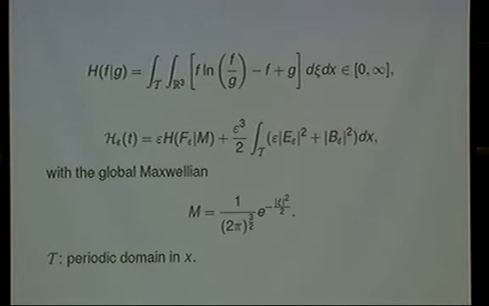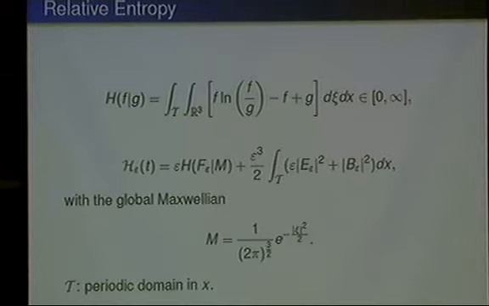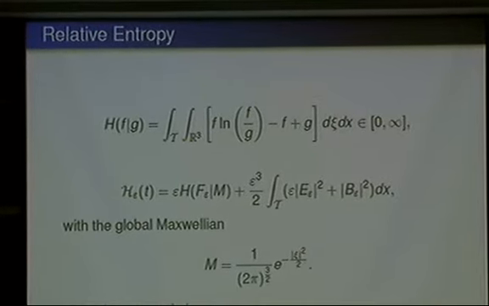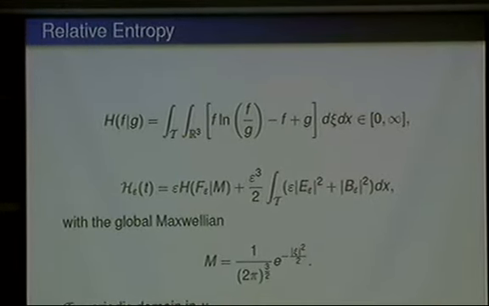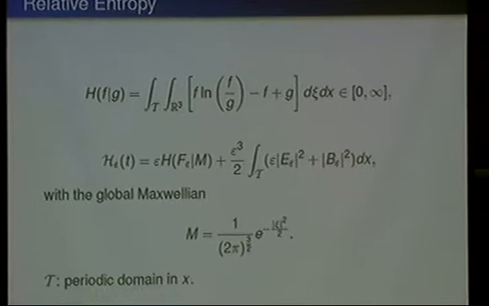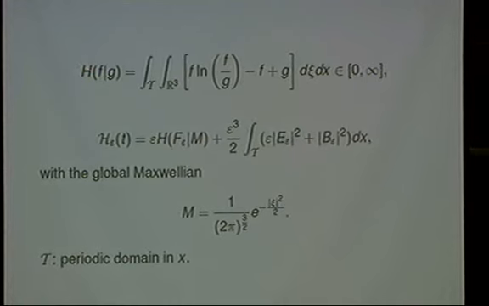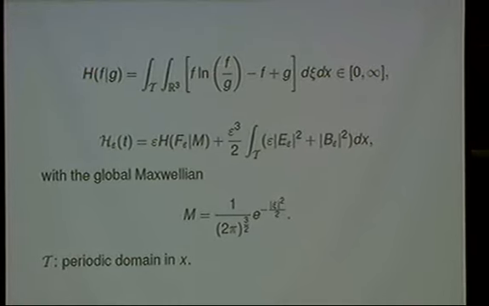So, to look at this one, some key ingredients in the proof: one is you need to use the relative entropy. So for F and G you define this one, log F over G, defined this way. Then for our problem you define this H epsilon in this sense. Here what is M? M is this Maxwellian, the global Maxwellian.